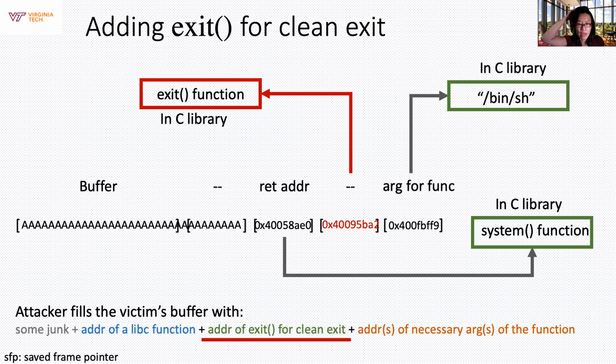So you want to be able to exit somewhere after the shell is open, and you put the exit function here to make sure it's the next instruction executed. But this is a function taking no argument in binary instruction, which means you have to give it a null as an argument.